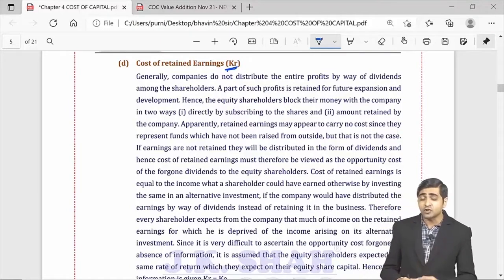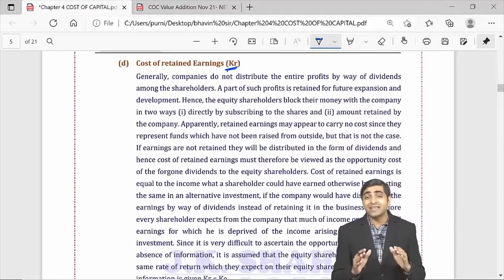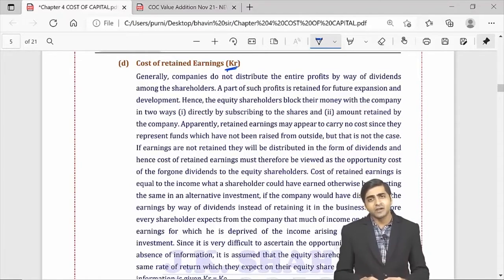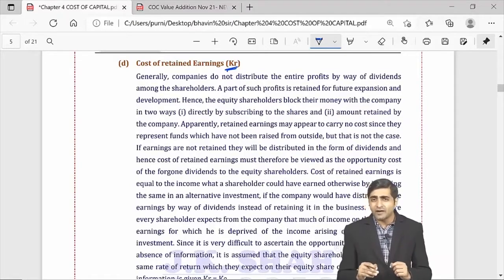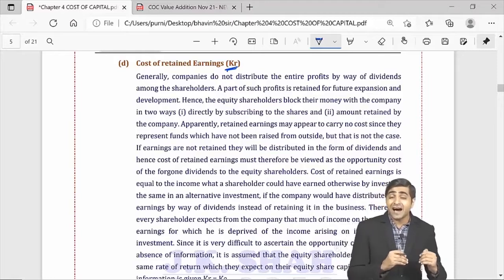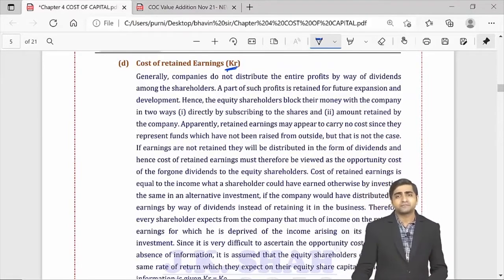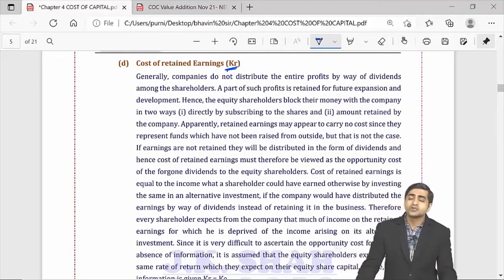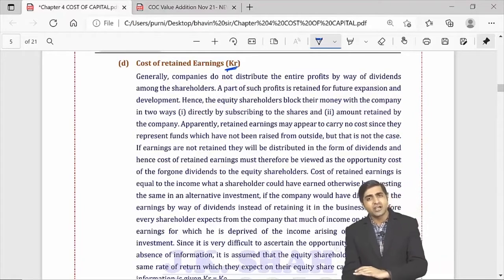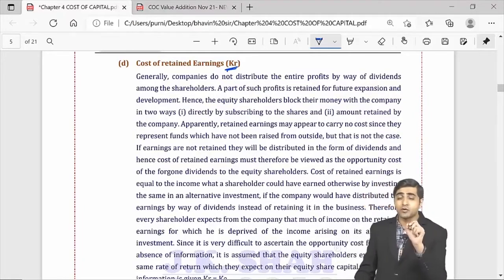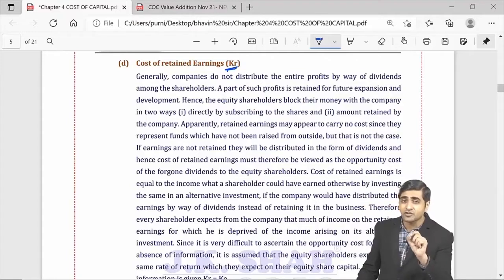But yes, there are also two exceptions to it, where your KE and KR will not be the same. Point number one, whenever we calculate the KR, we will not be subtracting the flotation cost. In the KE calculation, we will have D1 upon net proceeds into 100 plus G. So we'll definitely be subtracting your flotation cost for the purpose of calculation of cost of equity.